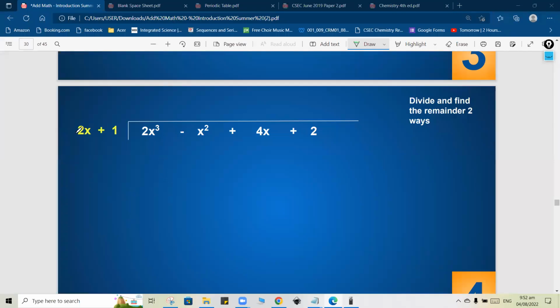Now, the only difference is here, we're dividing by 2x. So, you know what I'm going to do on the side here? I'll just show you how to quickly do it. If you're taking the 2x cubed, which is this, and you divide it by 2x, the 2 and the 2 will cancel out, and the x into this is x squared.